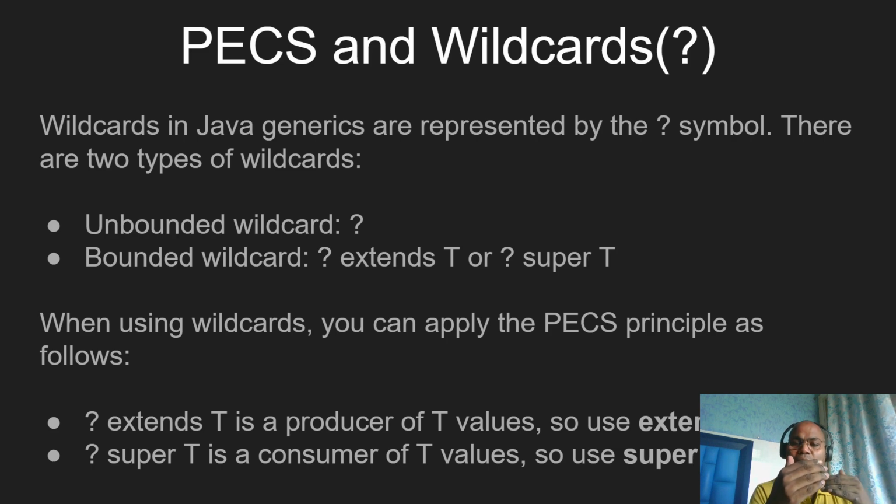So you can also view wildcard concepts from this PECS principle. You can very easily understand the code and feel more familiar with generic code, because you can visualize it at a top level. You already identify the purpose of this class or method: producing value or consuming value. Producing, just go extends. Consuming, just go super.